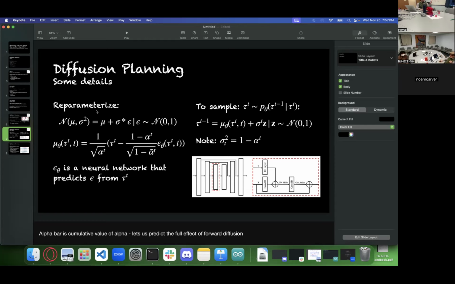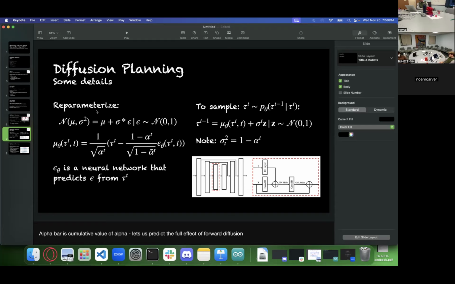This trick means that we can have our neural network not learn anything related to the actual state space, but instead learn a 0 to 1 Gaussian error. That makes it quite easy, a lot easier.